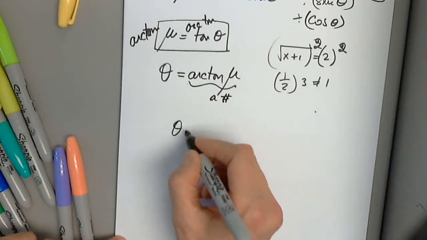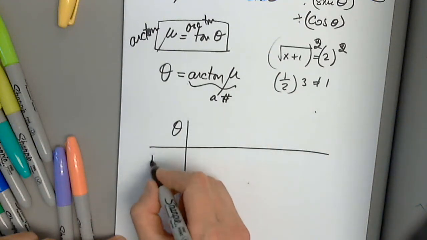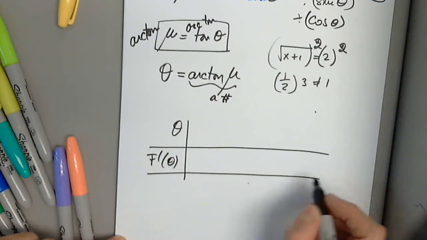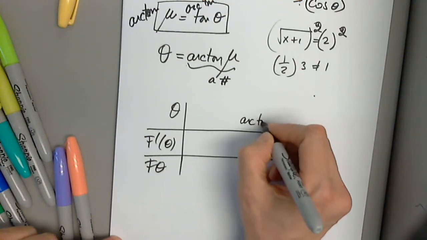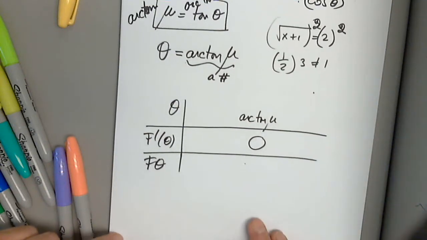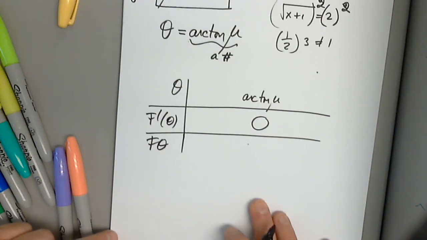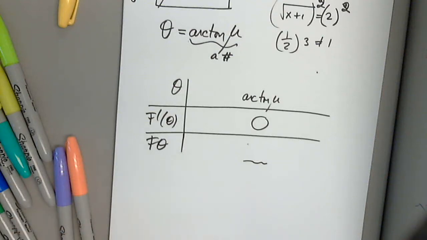So I claim that arc tangent mu is a critical number for f prime, but I don't claim yet whether it gives a maximum or a minimum. I don't know yet. I have not shown anything yet.